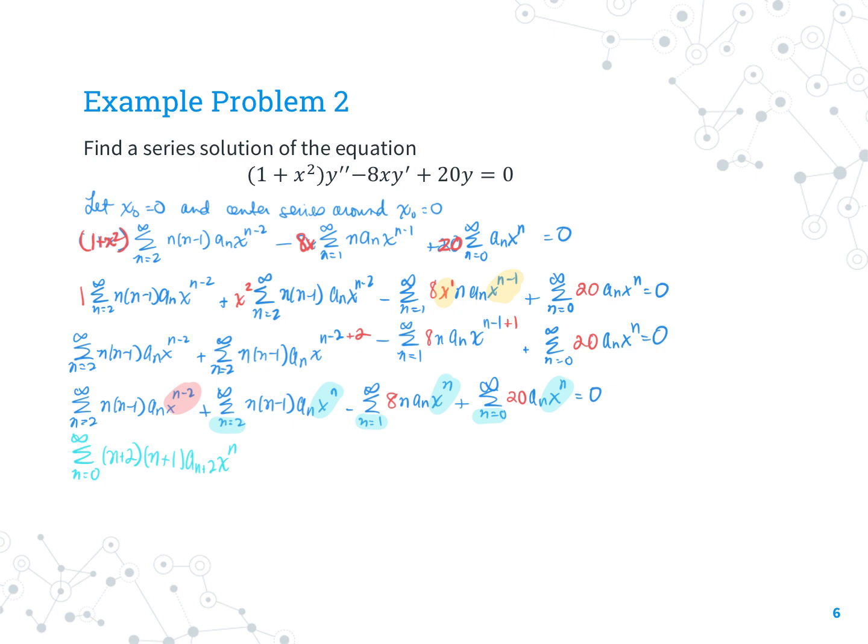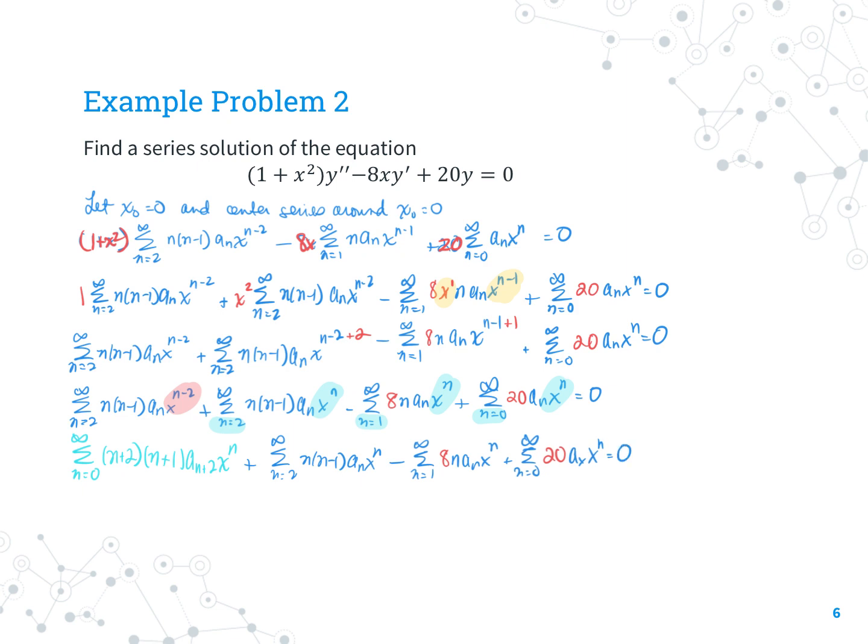So now we've got the sum from n equals 2 to infinity of n minus 1, a sub n x to the n, minus the sum from n equals 1 to infinity of 8 n a sub n x to the n, and then the sum from n equals 0 to infinity of now our 20 a sub n x to the n.